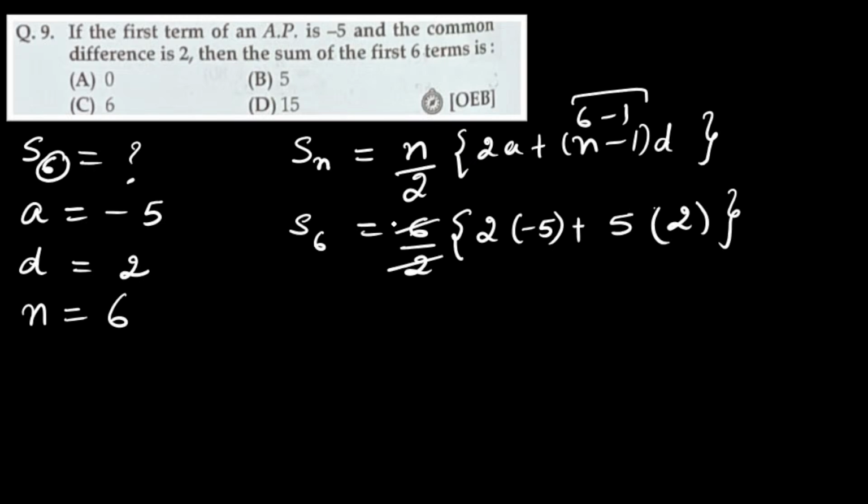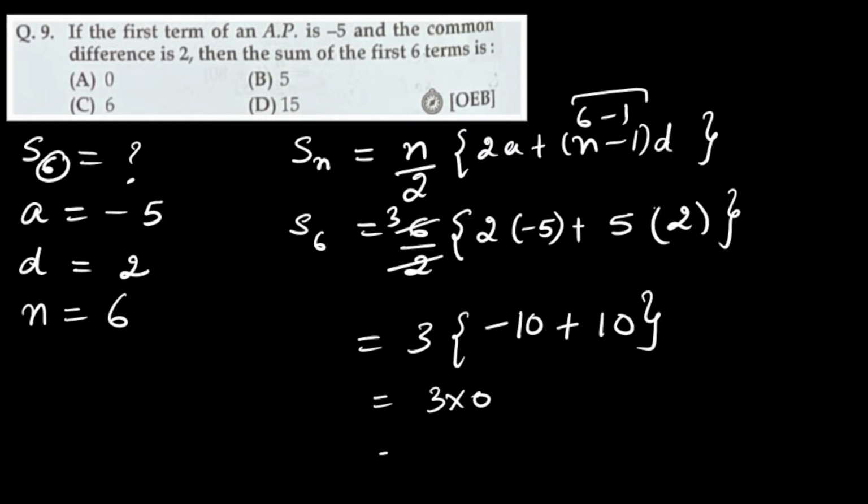D is 2. Here we can do cancellation, giving 3. 2 into -5 is -10, plus 10. So -10 plus 10 is 0. 3 into 0 is 0. That means option A: the sum of six terms of this sequence is 0. Yes, S6 is equal to 0 here.